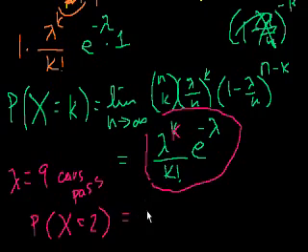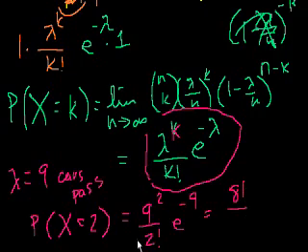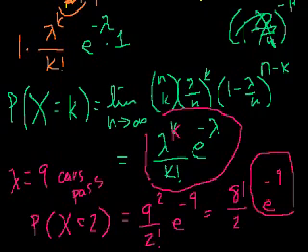This is my expected value, and on average 9 cars are passing. It's going to be equal to 9 cars per hour to the 2nd power, or squared, divided by 2 factorial, times e to the minus 9 power. So it's equal to 81 over 2 times e to the minus 9 power.